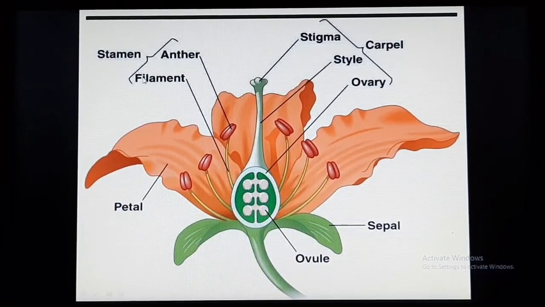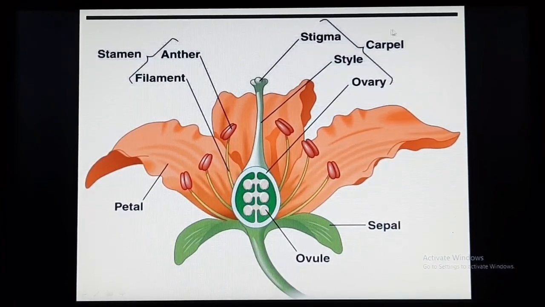Stamen has two parts. One is the filament, another is the anther, a swollen part on top of the filament. Another is the gynoecium. The unit of gynoecium is called carpel. Carpel again has three parts: stigma, style, and ovary.